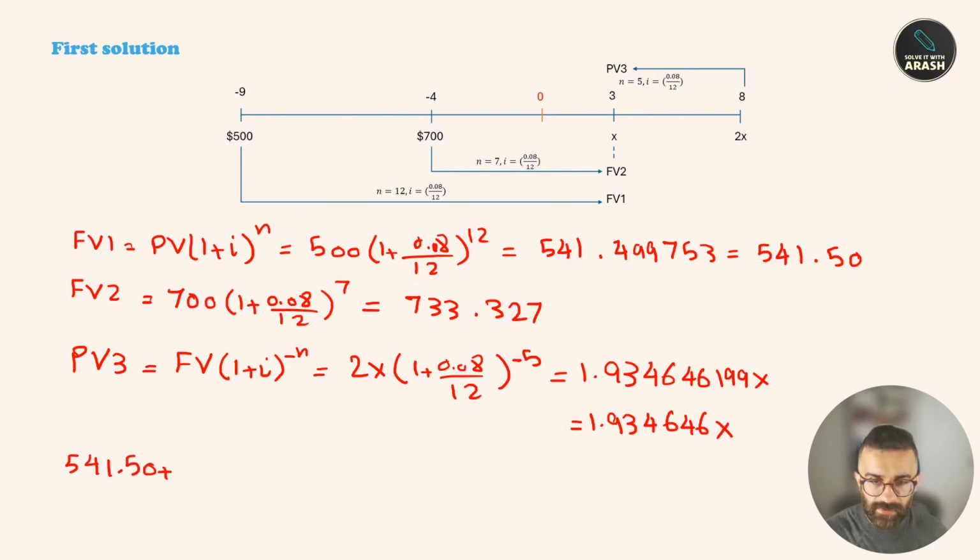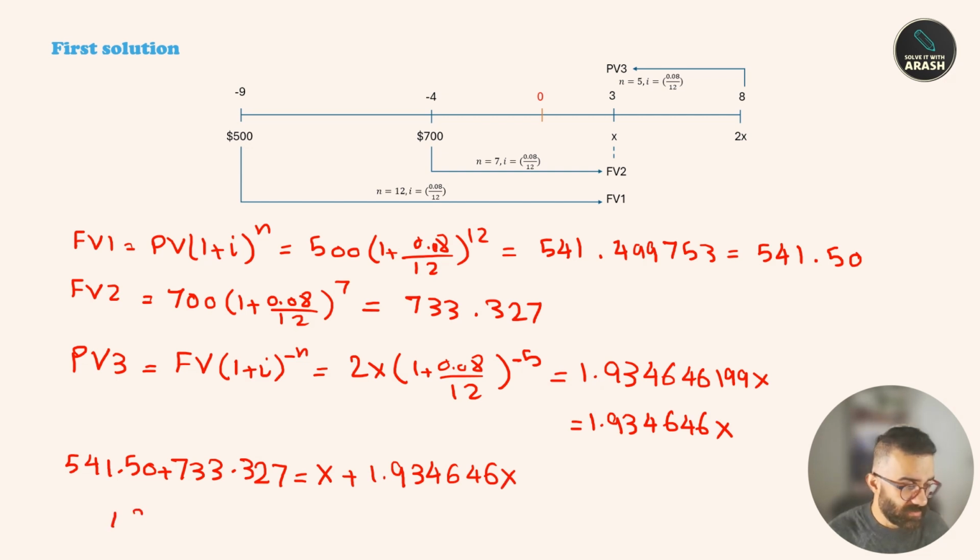If I substitute these values into the equation of equivalent payment streams, I will have 541.50 plus 733.327 equals x plus 1.934646x. The left side is 1,274.827. On the right side we have 2.934646 times x.